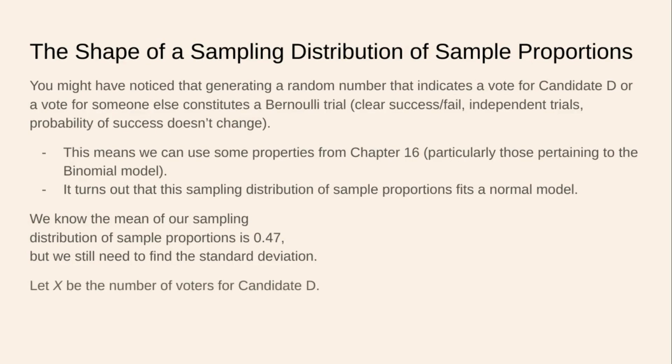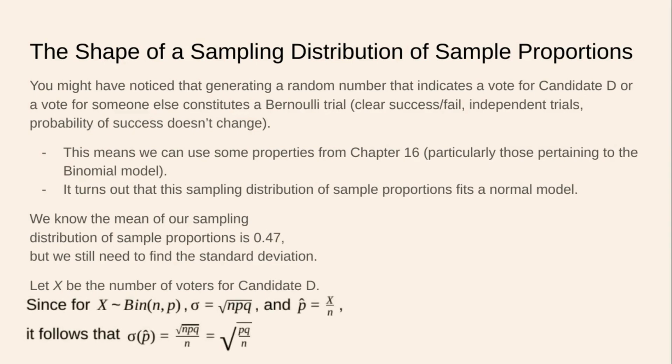Well, we're going to let x, another random variable, be the number of voters for candidate D. Since x would fit a binomial model, it's a set of Bernoulli trials after all, given a number of trials, namely 1,000, and p, the probability of success, that 47%, the standard deviation for this binomially distributed variable is the square root of npq. We learned that back in Chapter 16.